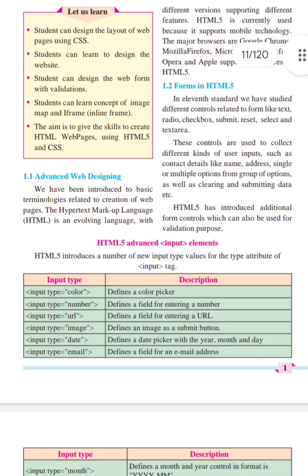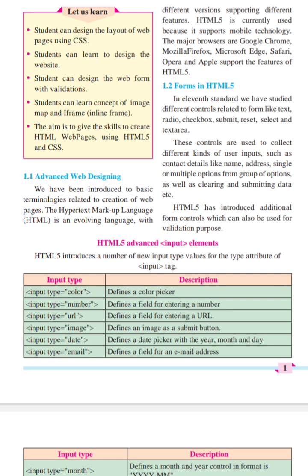First we are going to know about advanced web designing. We have been introduced to basic terminologies related to creation of web pages. In class 12 we have learned about the HTML basics and how to create forms and about its tags.